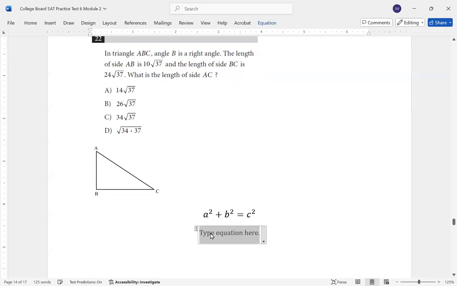So let's replace the letter a with 10 times the square root of 37. And then b is going to be the other leg, which is 24 times root 37, because that's the side length of BC. So we get 24 times the square root of 37, and then we're squaring that whole thing. And that's equal to the hypotenuse length squared. And that's what we're trying to find.